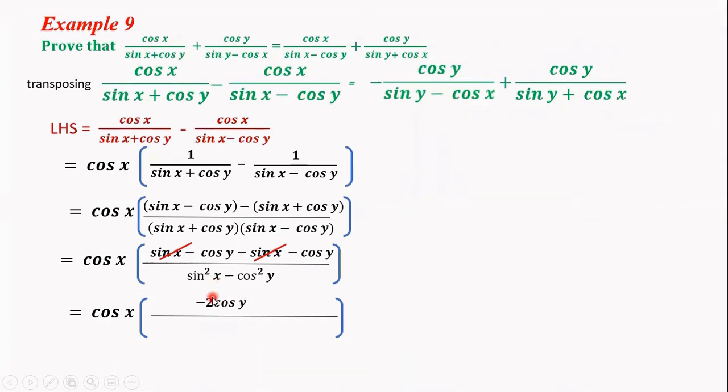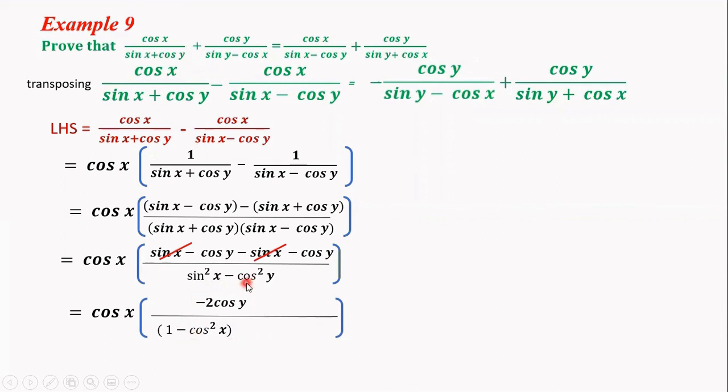In the denominator part, this sin square x we are going to convert into cos. We know the formula to convert sin square x into cos square x, that is 1 minus cos square x.